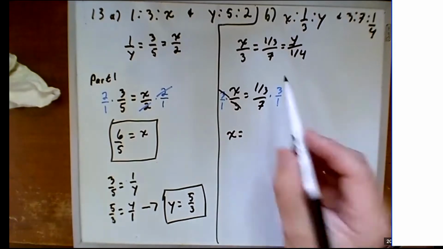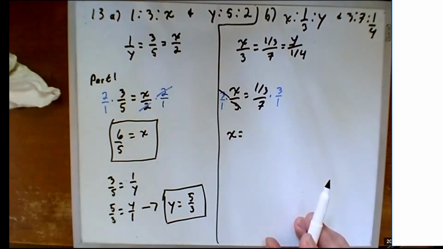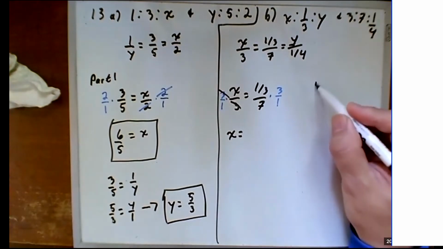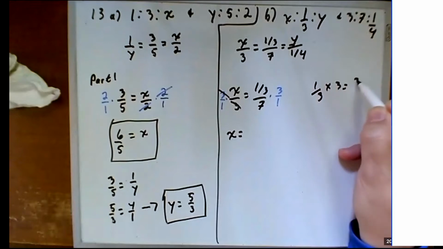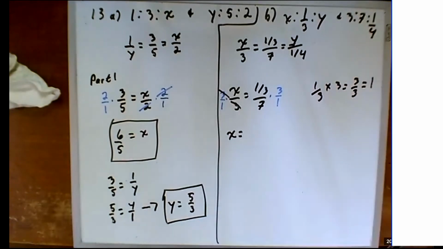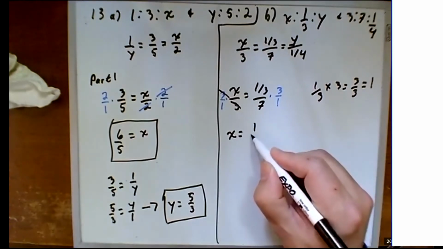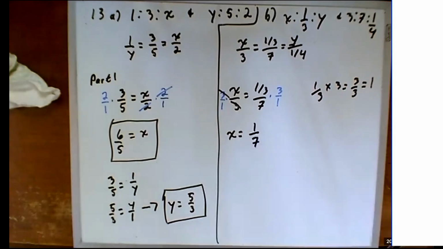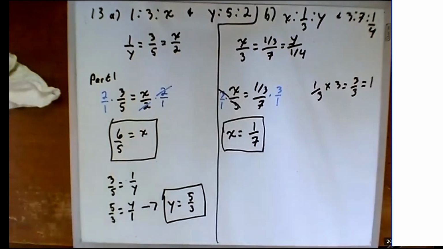Somebody was very nice when they set up this question. 1/3 times 3 is 3/3. A little sidebar over here: 1/3 times 3 is equal to 3/3, and 3/3 is the same as saying 1. So what I end up with is just 1 over 7. And that's that finished.